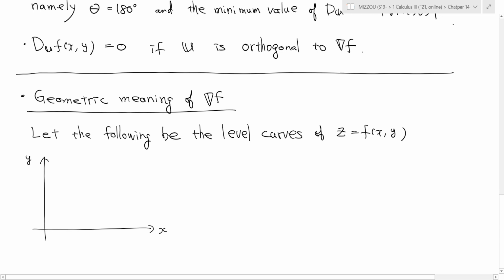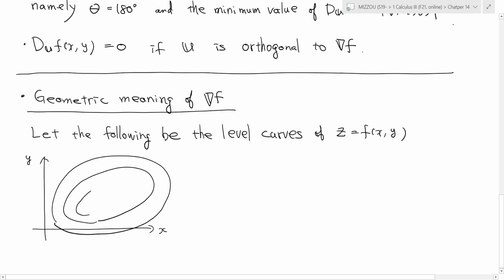So you have the x-axis, y-axis, and then you have a curve on the map, and each curve represents the same elevation, right? And then you are climbing on this mountain, and suppose you are here.